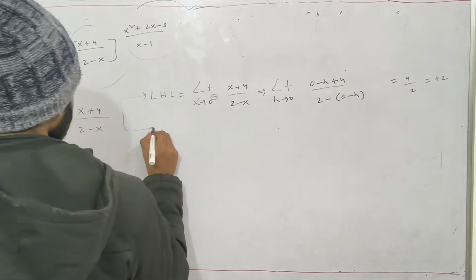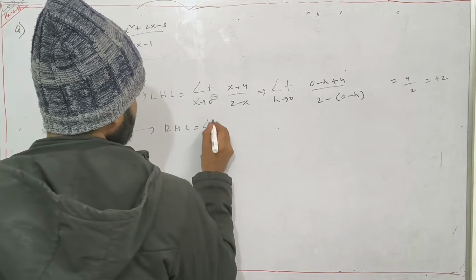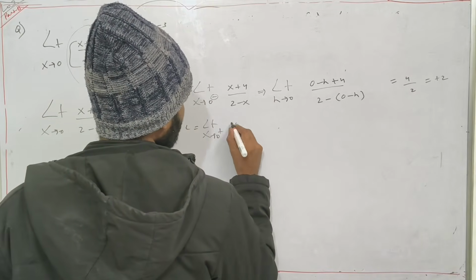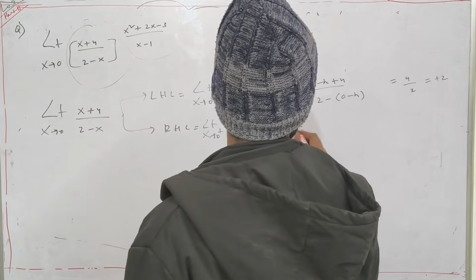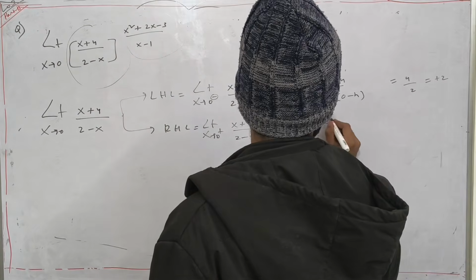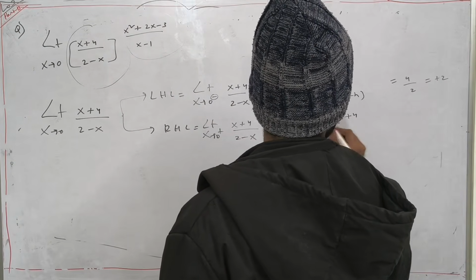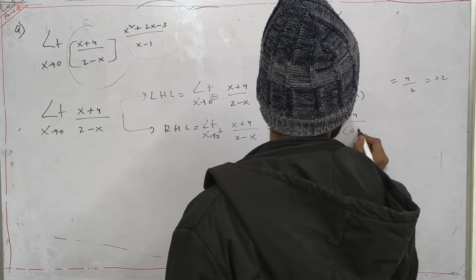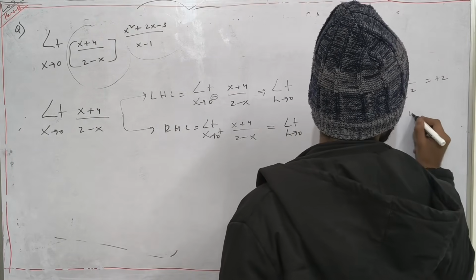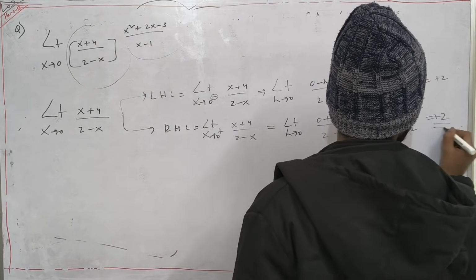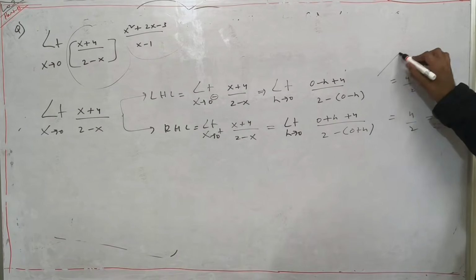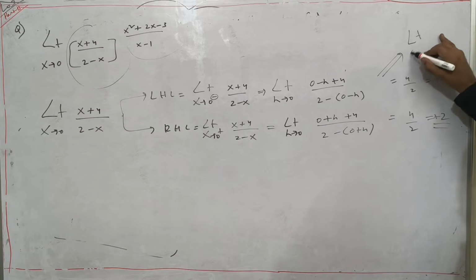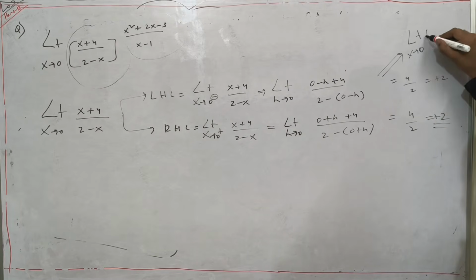Similarly, the right hand limit equals limit x tends to 0 plus of (x plus 4) by (2 minus x), equals limit h tends to 0 of (0 plus h plus 4) by (2 minus h), which is again 4 by 2 equals 2. So we got limit x tends to 0 of f(x) equals 2, meaning L equals 2.